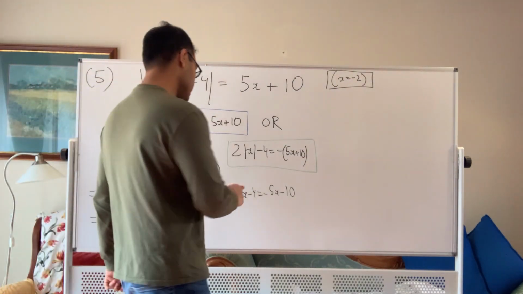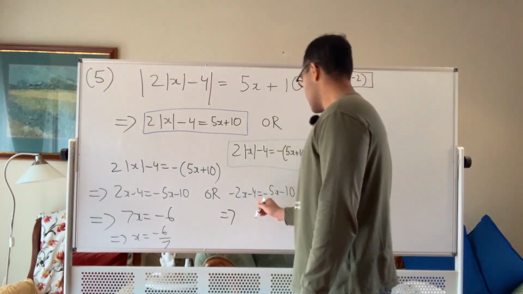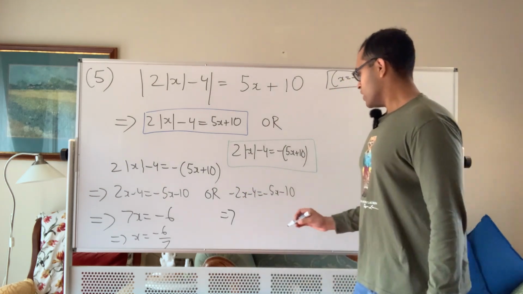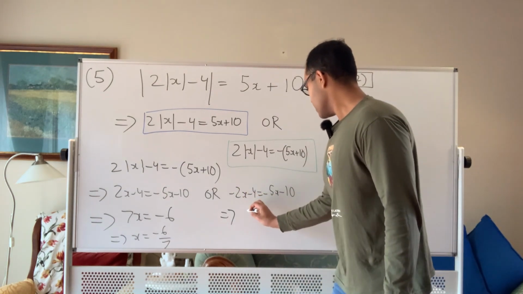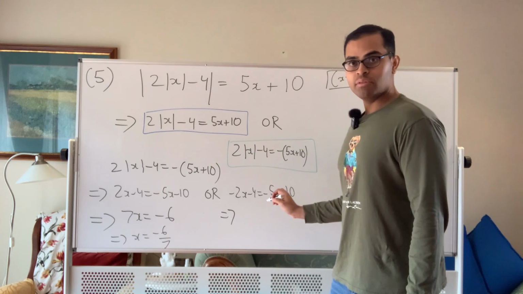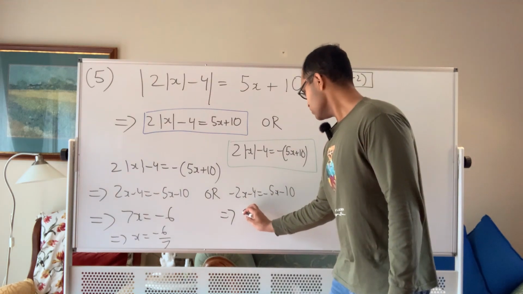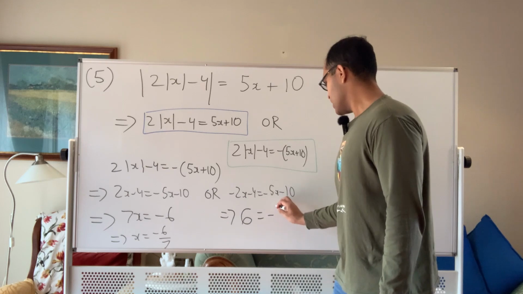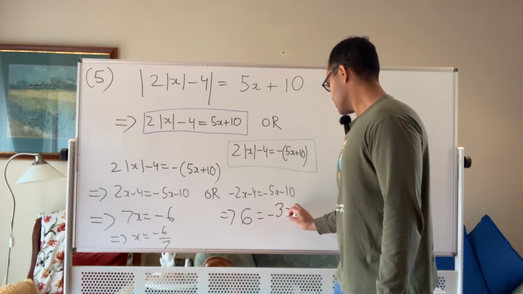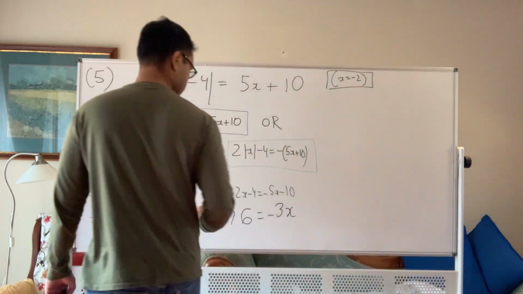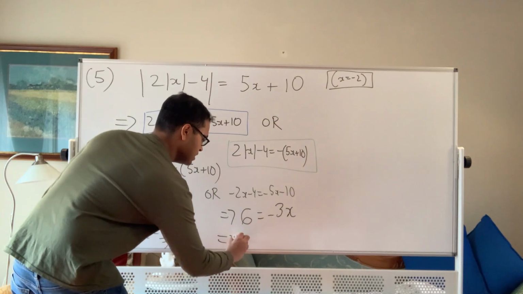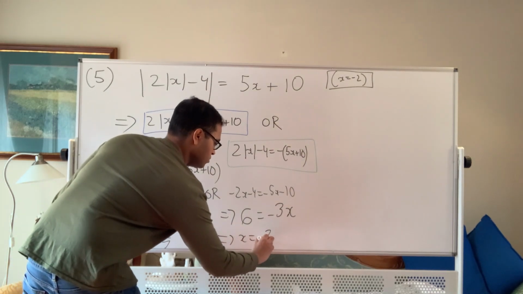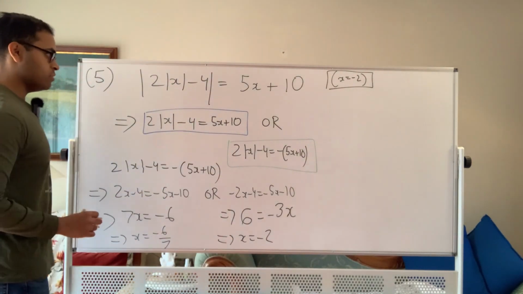On the other hand, on this side, we're going to get 5x minus 2x. We're going to get, on this side, minus 4 plus 10, which is going to be 6, is equal to minus 5x plus 2x, which is negative 3x. And that implies that x is equal to minus 2. 6 over negative 3 is minus 2.